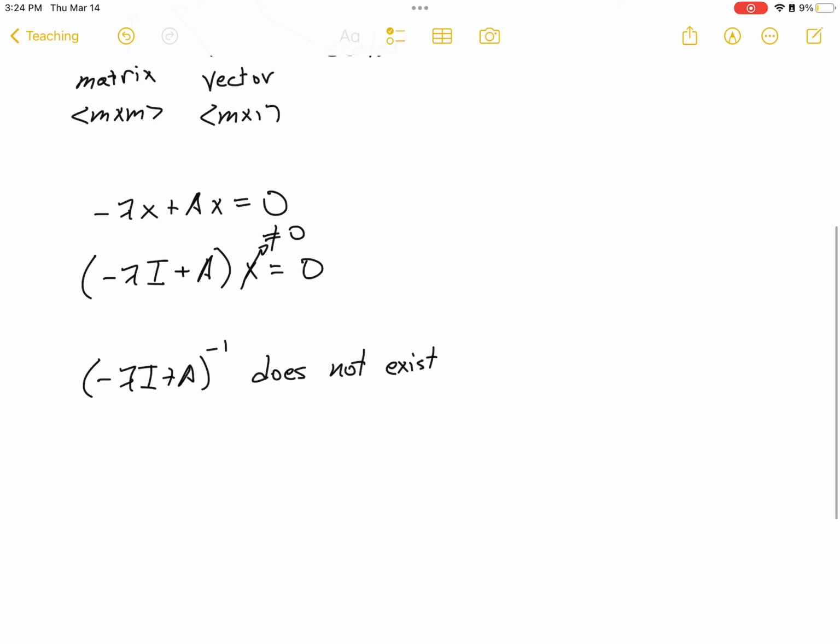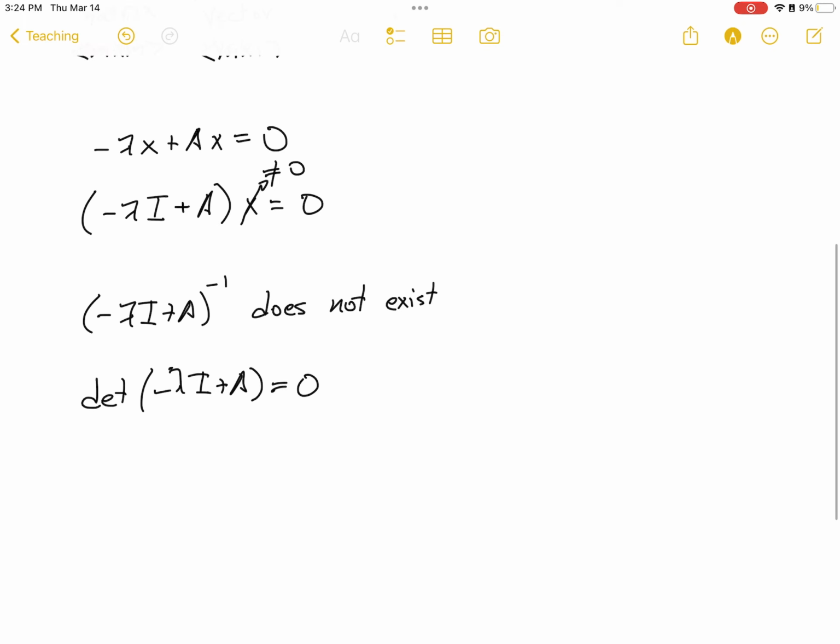And if that's true, then the determinant of minus lambda I plus A equals 0. So that's what we're trying to do. Finding the determinant equal to 0 is how we find our eigenvalues lambda.